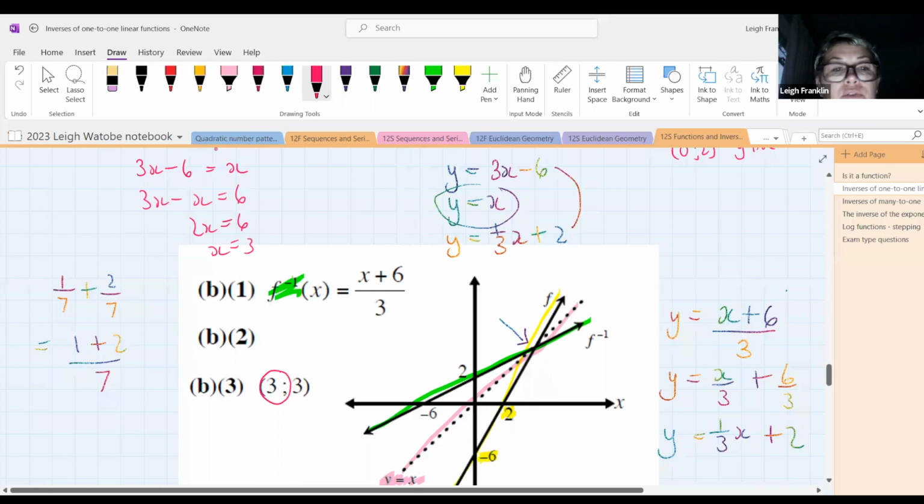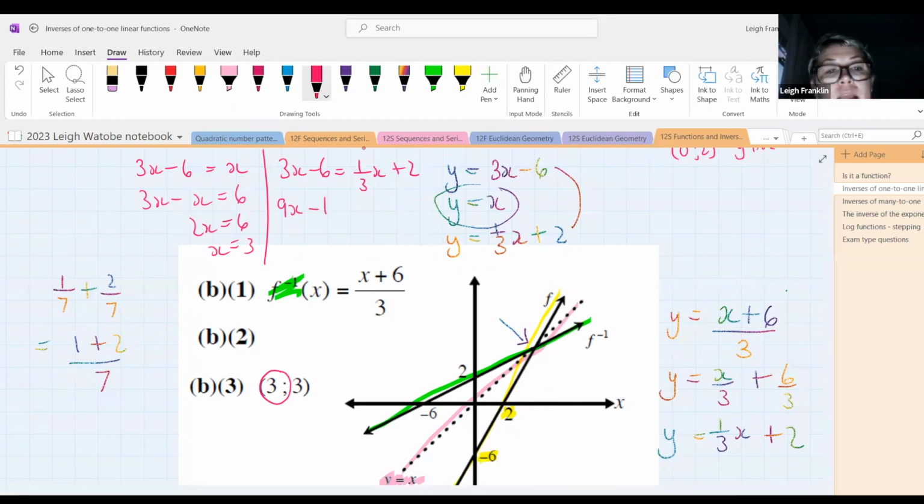Or if I took 3x minus 6 and made it equal to 1/3 x plus 2, I could solve it that way as well. I've got this fraction here, Ola, and I want to get rid of it, so I'm going to multiply through by 3. That would leave me with 9x minus 18 equals x plus 6.